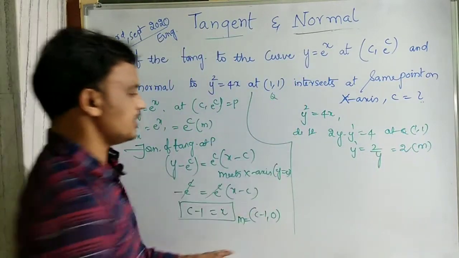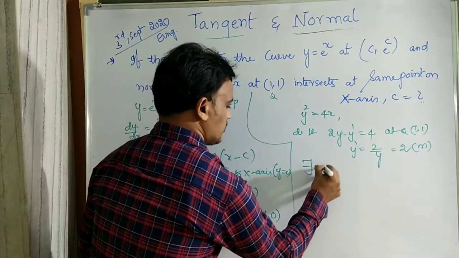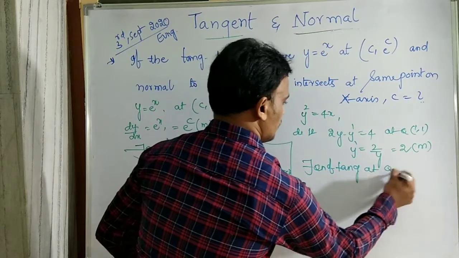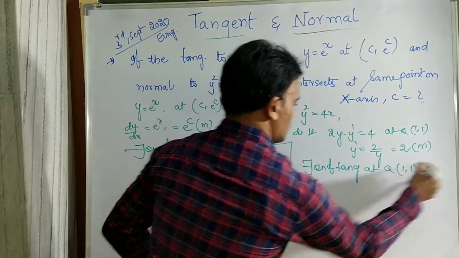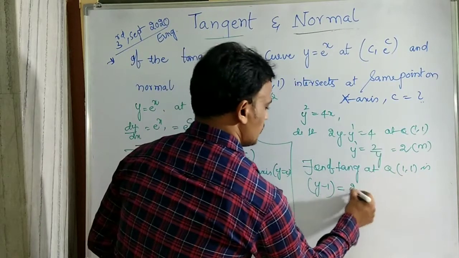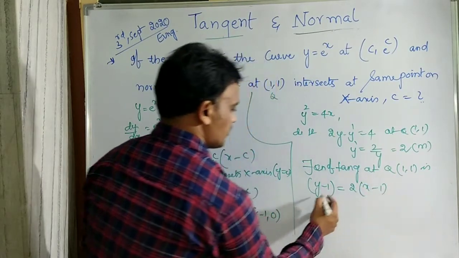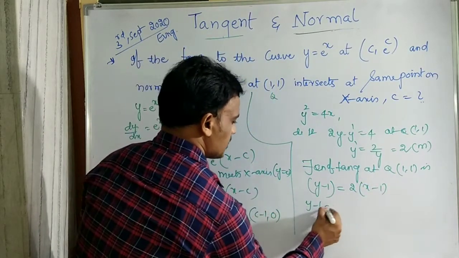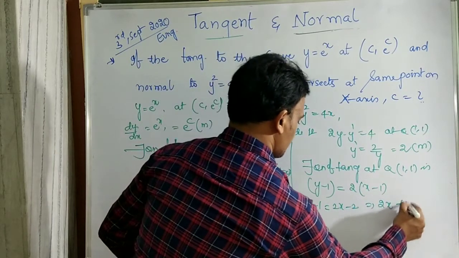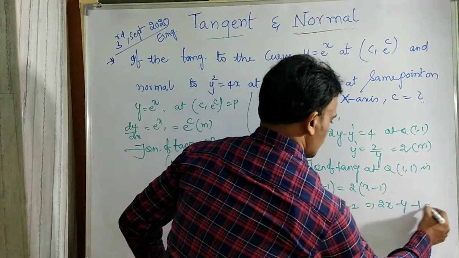For this one, what is the equation of the normal? Equation at Q 1 comma 1: y minus 1 equals 2 into x minus 1. So y minus 1 equals 2x minus 2. Simply I can write 2x minus y minus 1 equals 0.